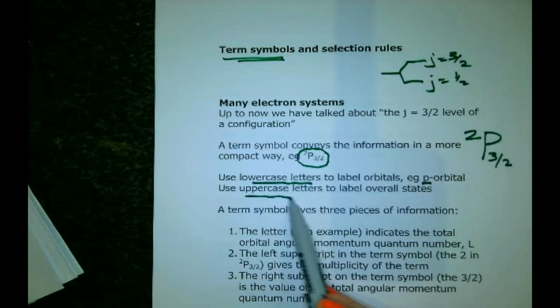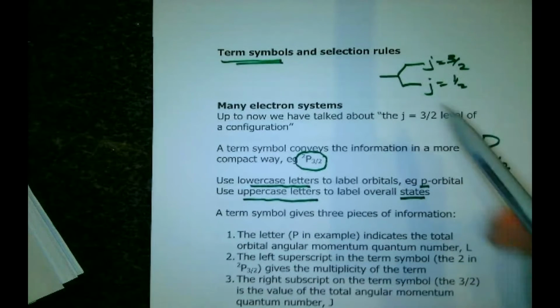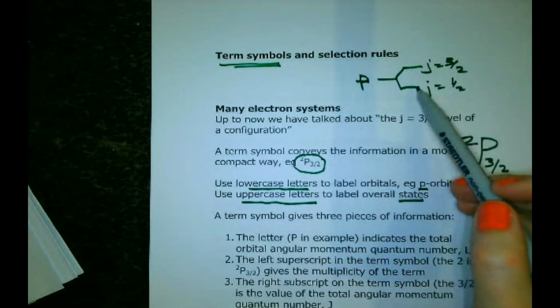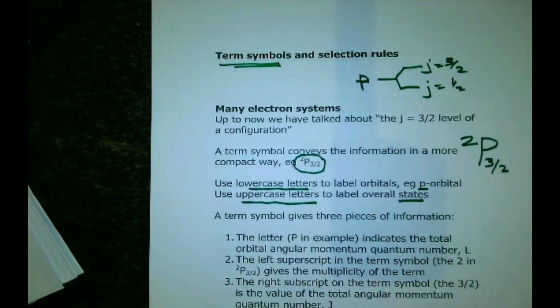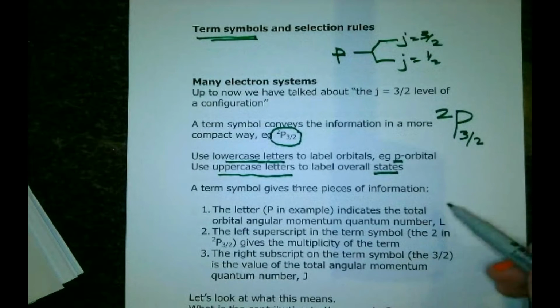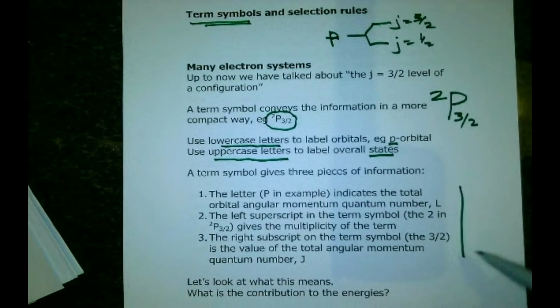And we're going to see that we use uppercase letters like that to label the states. So this would be a p orbital. These would be the different states of the orbital. So the orbital is split into different states. The term symbol gives us 3 pieces of information, and again this is not going to mean much at this stage, but if you want to come back to this afterwards, this is a summary.